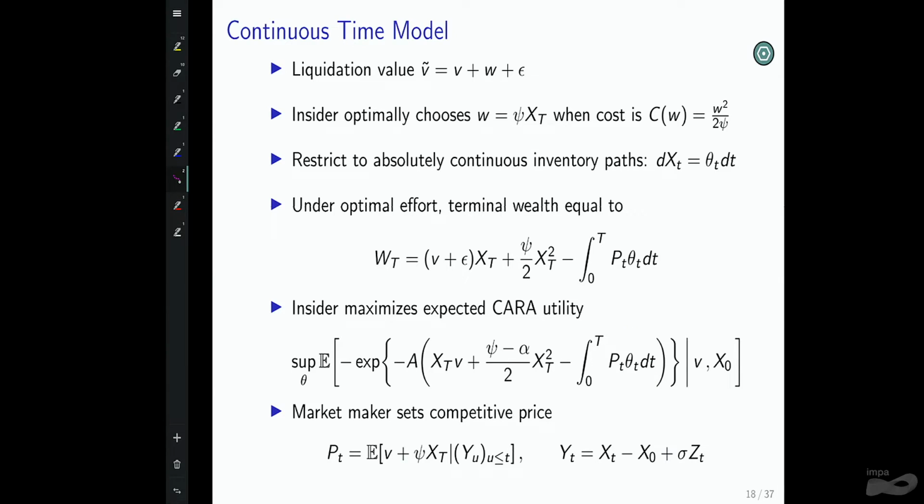That takes the place of P times delta X. The objective of the market maker now, again, is to try and estimate the terminal liquidation value based off of the sequence of observed trades, which is the net order flow.